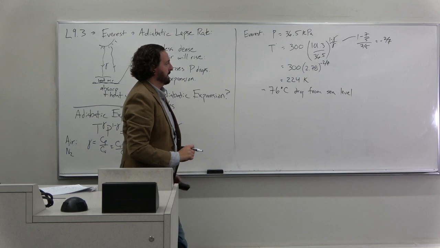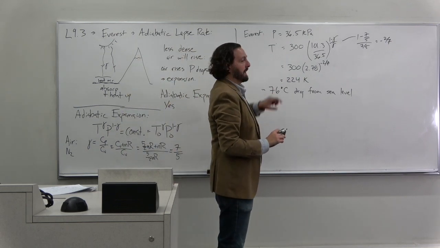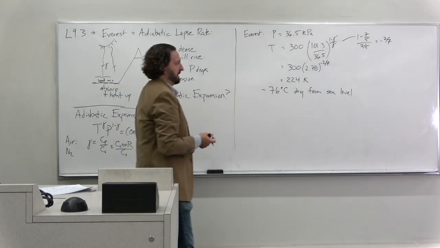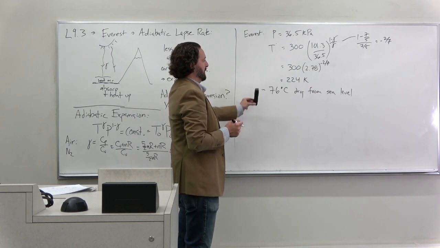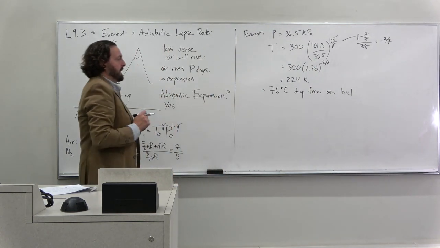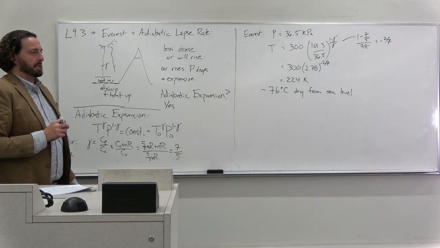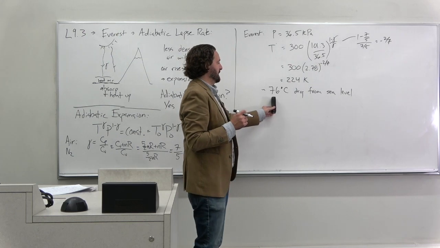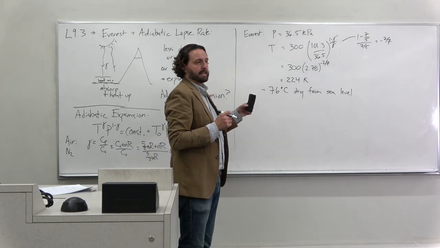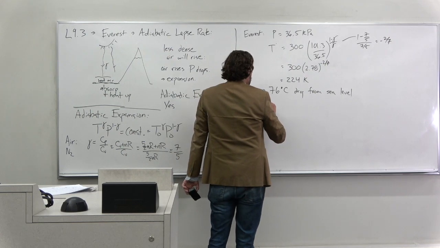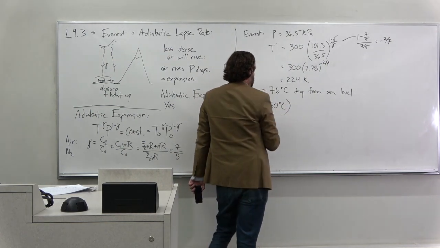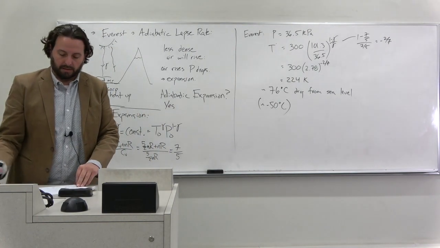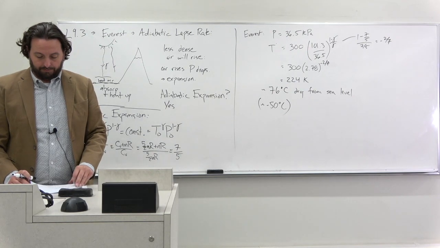If this was 27 at sea level, which is a hot day, but it was 31 here today, so that's totally reasonable. So 27, let's call it 26, minus 76, that's approximately minus 50 degrees Celsius. That's cold. That is even colder than Edmonton in January.